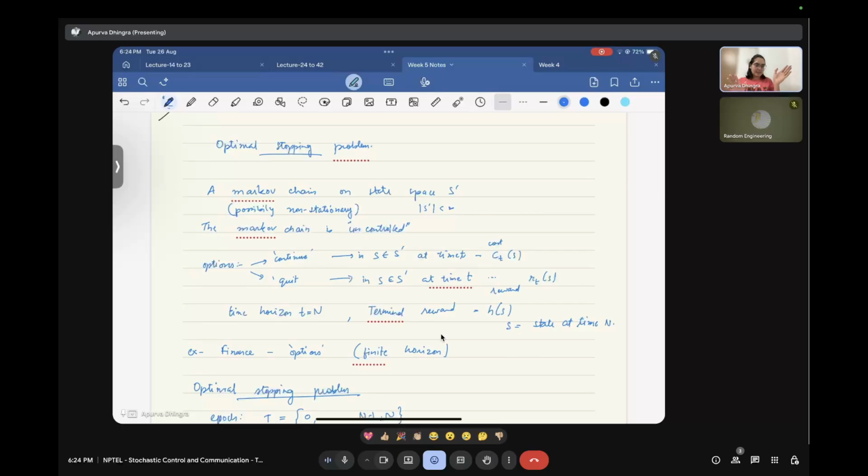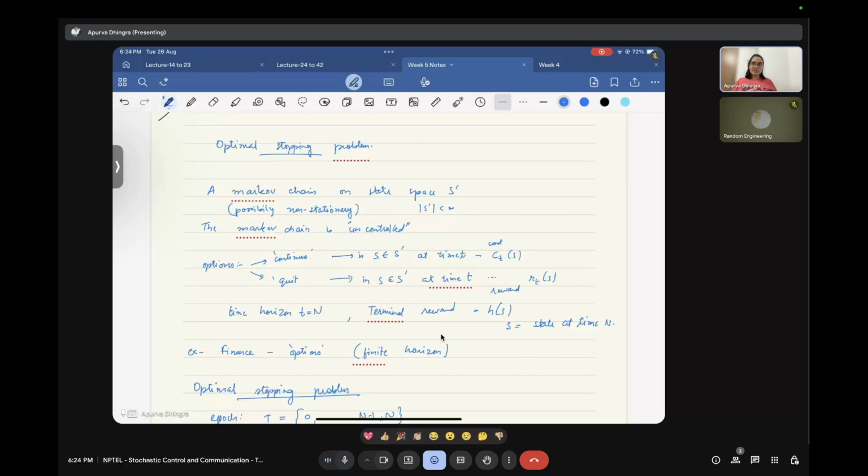If not, something else would happen. Maybe a third factor came in, maybe some policy updates were made, maybe in the country, maybe outside the country, and so on. So all of these things which are happening can be modeled into a Markov chain, to be more specific, into an MDP. And the states can be thought of in this particular example as the different values of the stock, whether it goes up or whether it goes down.